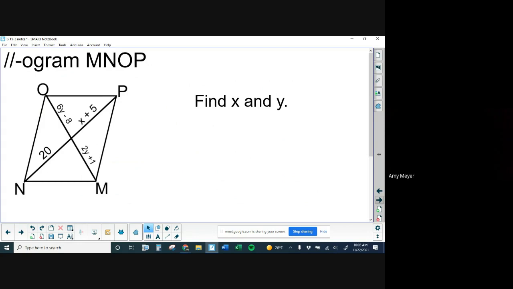I'll give you time on this one, and then we'll go over it just like the last one. You're stuck? Look at property number 5.